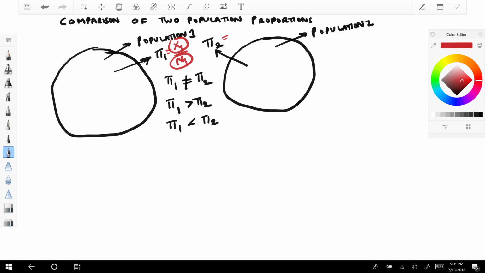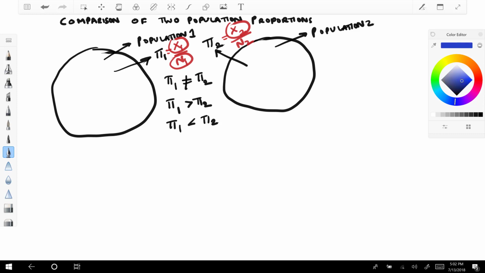Similarly, for population 2 we can write it as capital X2 divided by n2, where X2 is the number of observations having certain characteristics and n2 is the total number of observations in population 2. So that's the definition of proportion.